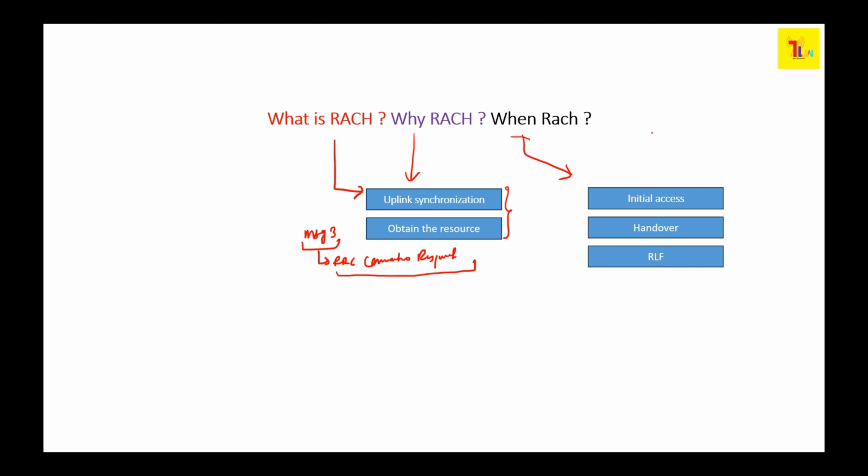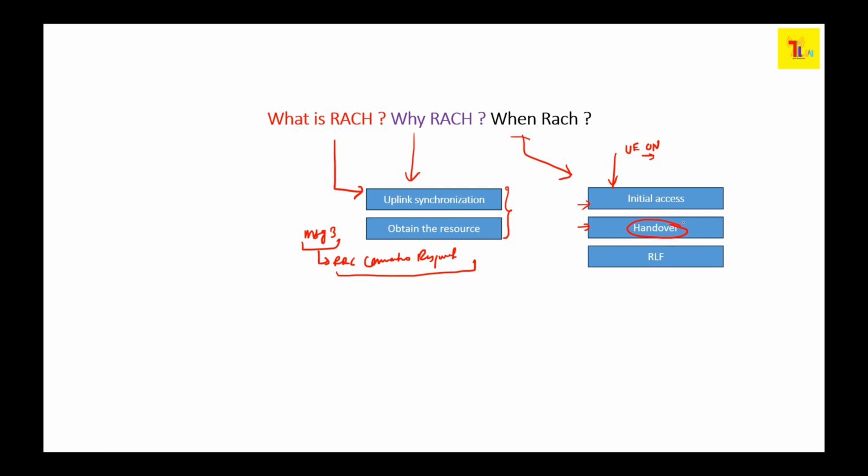Whenever we switch on the UE, for initial acquisition or initial access, we are going to have this RACH procedure, and we are also going to perform RACH at the time of handover.